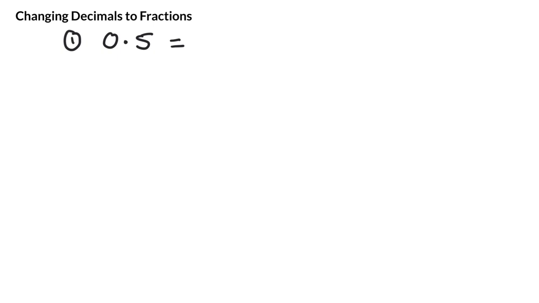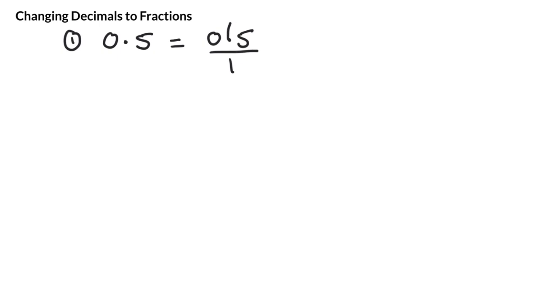Let us see. Because it is a terminating decimal, we will write it something like this, 0.5 over 1. It is same as 0.5. Now in our lower grades, we have learned how to shift the decimal points.